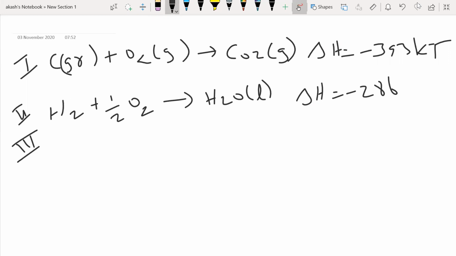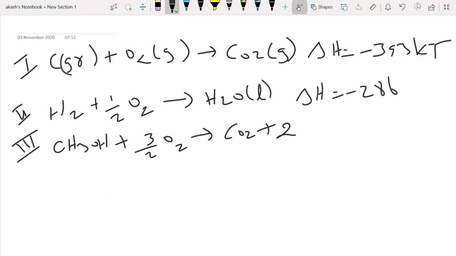Third reaction: CH3OH plus 3/2 O2 gives CO2 gas, obviously, plus 2H2O liquid, and the enthalpy they have given is minus 726.